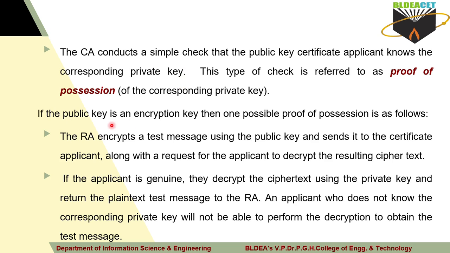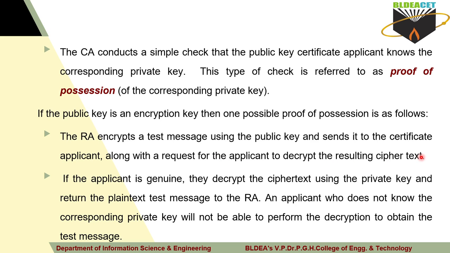If the public key is an encryption key, then one possible proof of possession is as follows. This is one proof of possession, and one more is available. Let's see what it is. The RA encrypts a test message using the public key and sends it to the certificate applicant along with a request for the applicant to decrypt the resulting ciphertext.